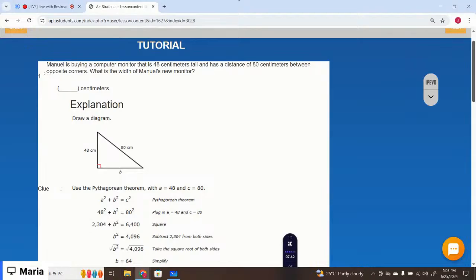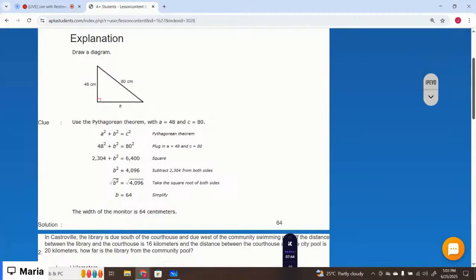So whenever we have to solve a right angle triangle, we need to apply the Pythagorean theorem. The Pythagorean theorem states a square plus b square equals c square.